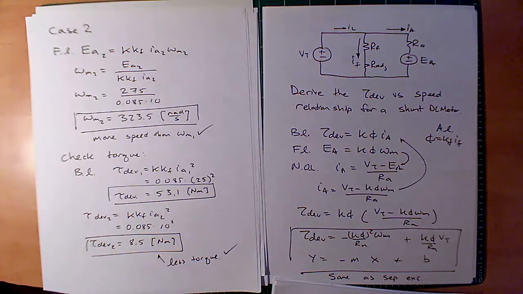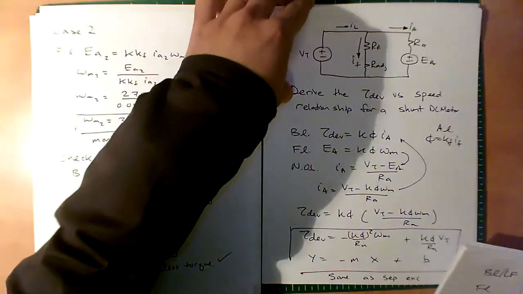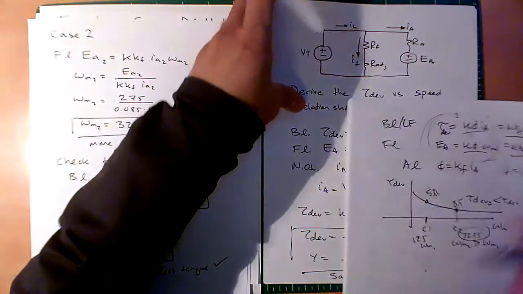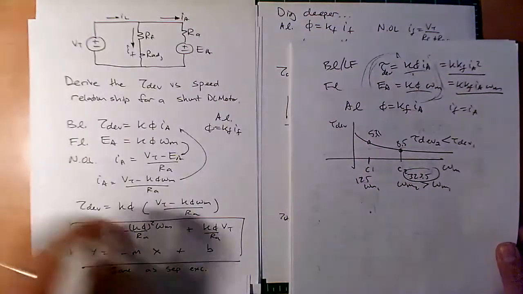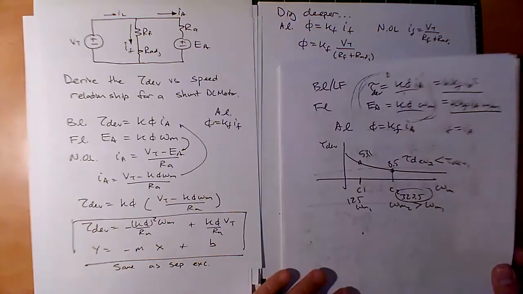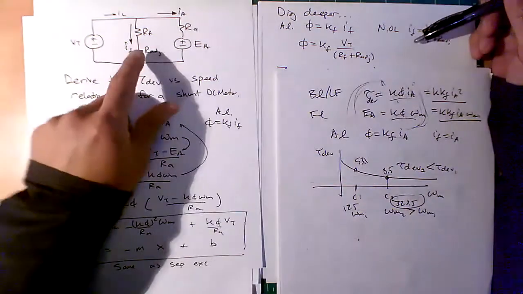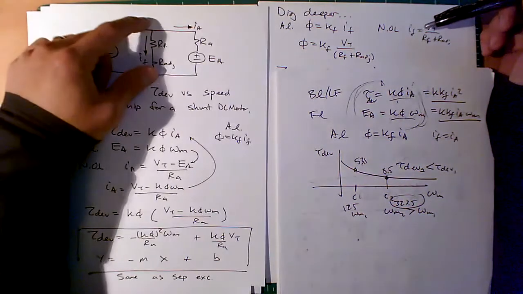Now, if we dig a little deeper, phi is proportional to IF, right? Just like in the series, phi is also proportional to IF. And if we plug that in, let's see what happens. What do we know? We have another Nodal Ohm's law over here, written here.